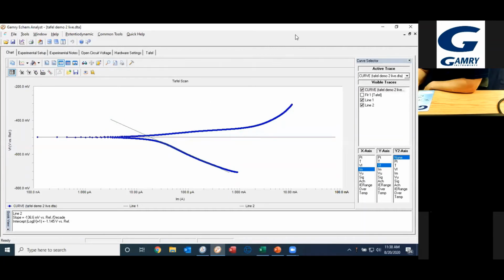I was just wondering, is getting a Tafel curve a good fit for something with a chemical film on it, or is it more for pure metals? Well, you mentioned chemical film. That could be a lot of different things. I had a backup solution in case the sulfuric acid that I'm using on this steel was going to be too aggressive and not give me a stable open circuit.